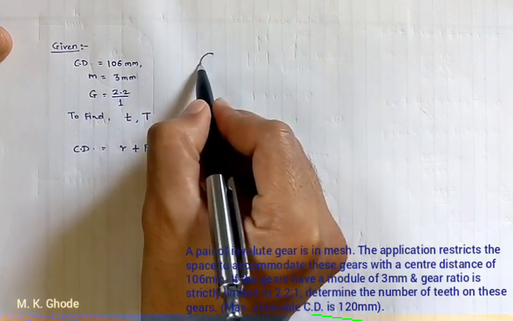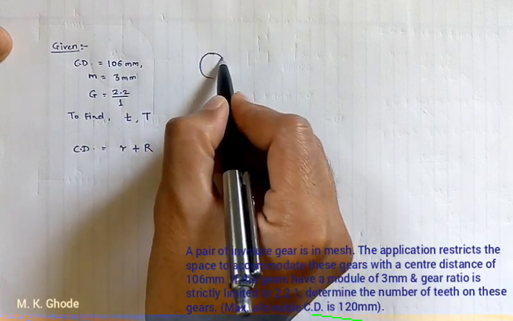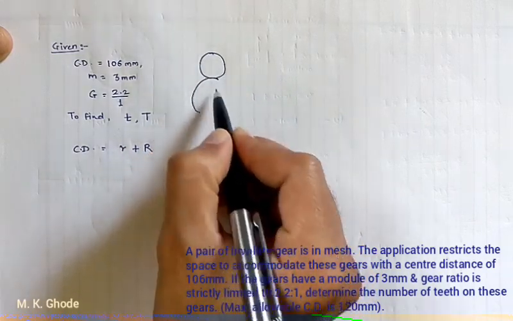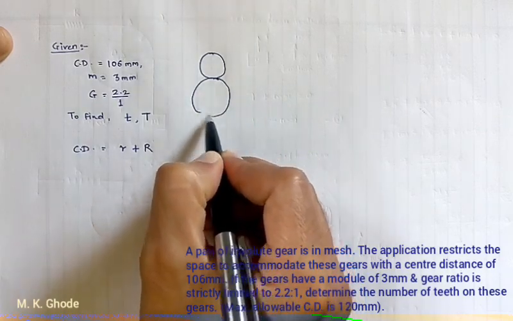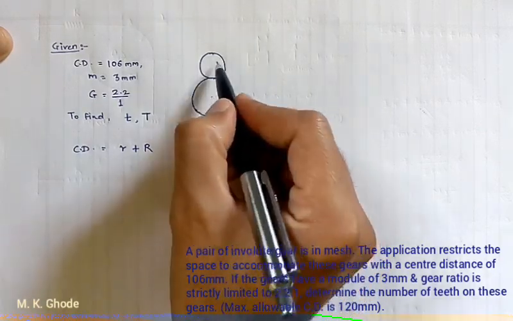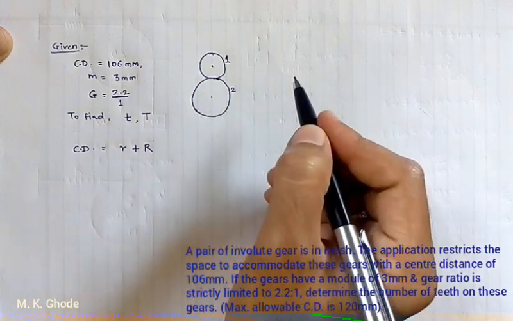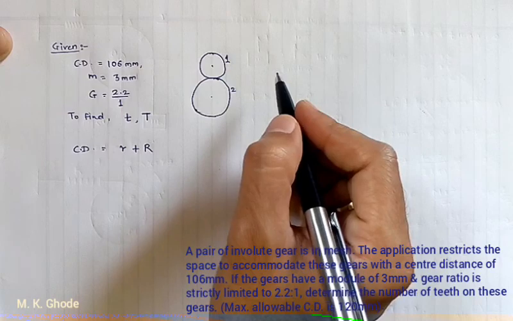If we consider a gear pair, the smallest of the two is pinion and the largest is the gear. So here gear number 1 is pinion and gear number 2 is wheel or gear.